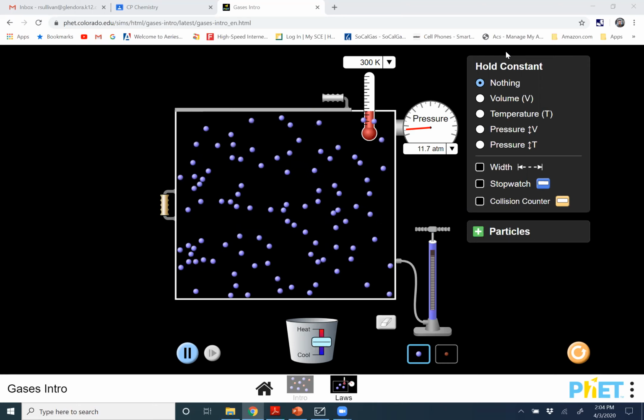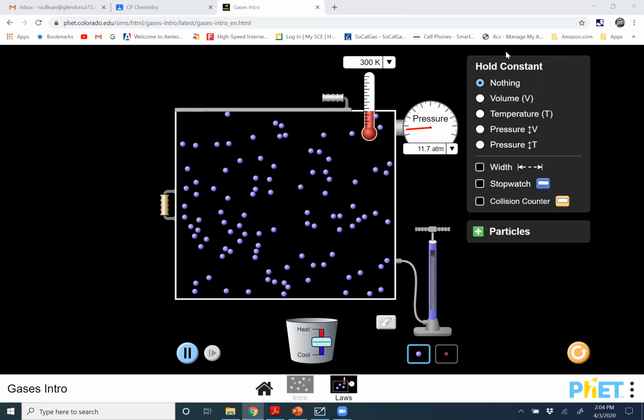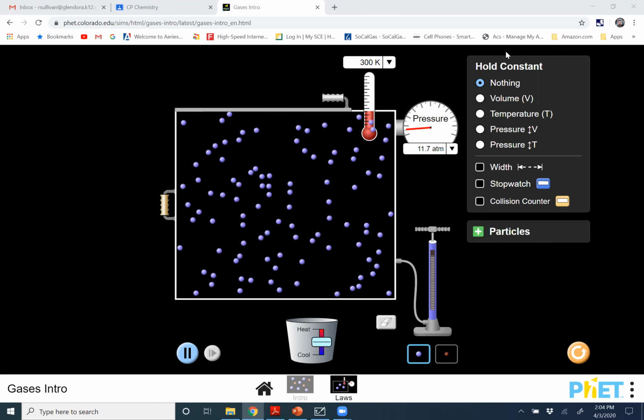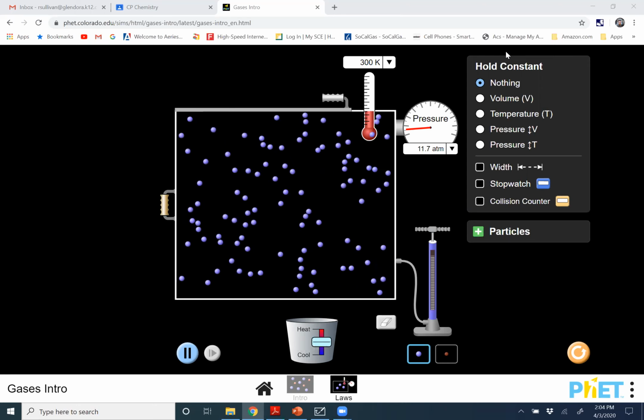laws. So we have our simulation up here from PhET. The University of Colorado puts these cool simulations up.